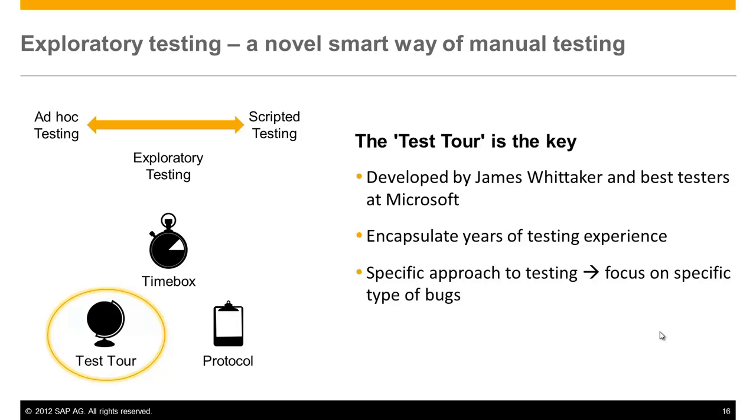So if you look at the pictures on the left, on the one extreme you just sit down, you try to hack on the system to see whatever you find, and you find some bugs maybe or not. There's no plan, and very little output normally from the test. On the other extreme you have scripted testing, which maybe has 20 pages of instructions and screenshots: enter this here, and so forth, big scenarios.